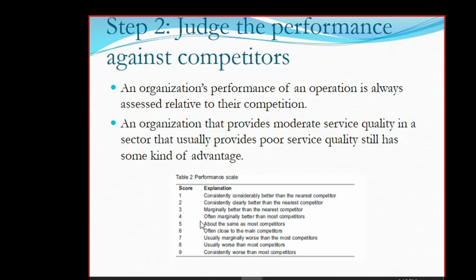I can be somewhere in between, so maybe my score is 5 or 4. It's not only black or white. It's a scale, where I can get a score from 1 to 9, depending on how much better or how much worse I am in relation to my competitors.